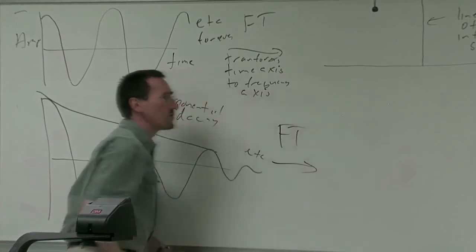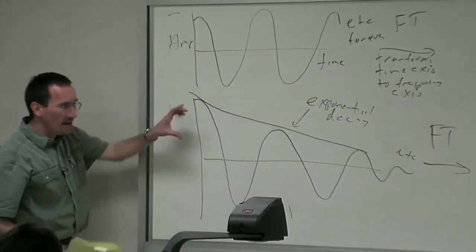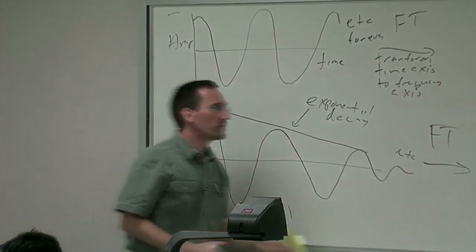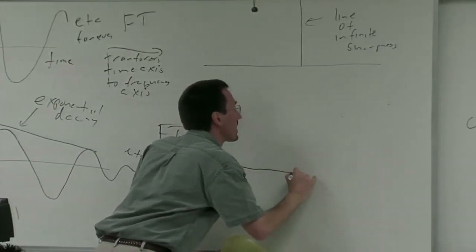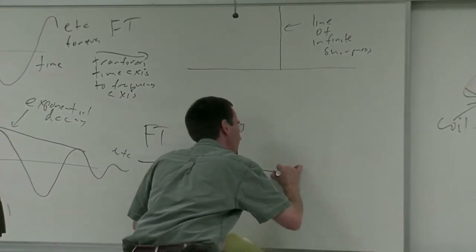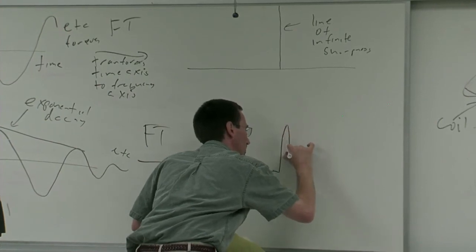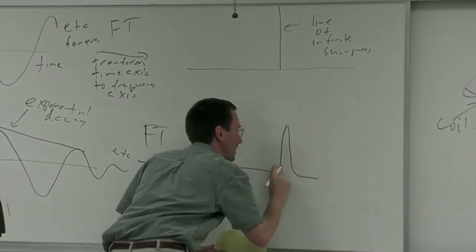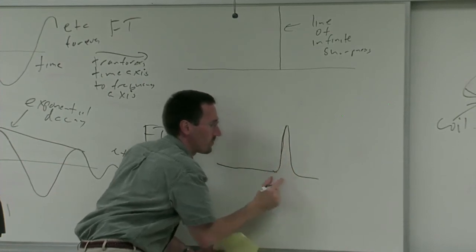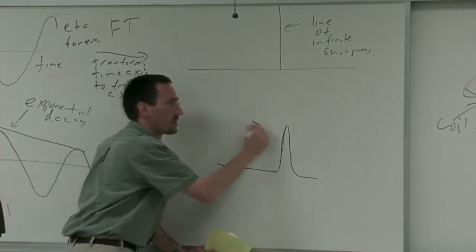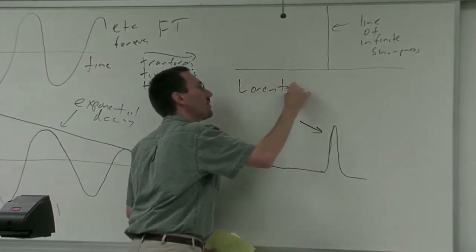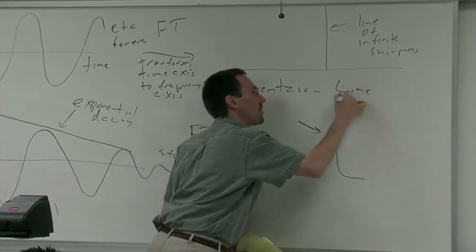And so when you Fourier transform a cosine wave dying off with an exponential decay, you actually get something that looks like an NMR peak. And I'm not a great artist, but I will try my best to represent the shape of this peak, you have little wings coming out, and this is what you call a Lorentzian line shape.